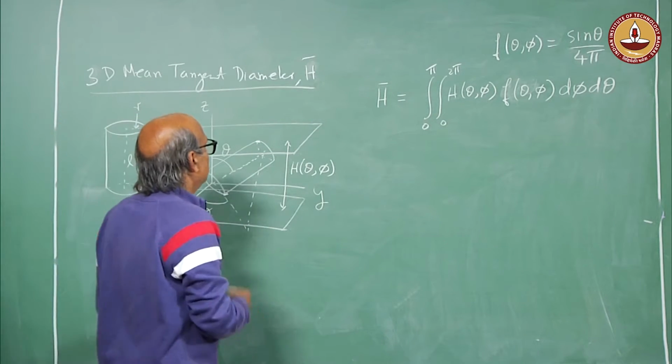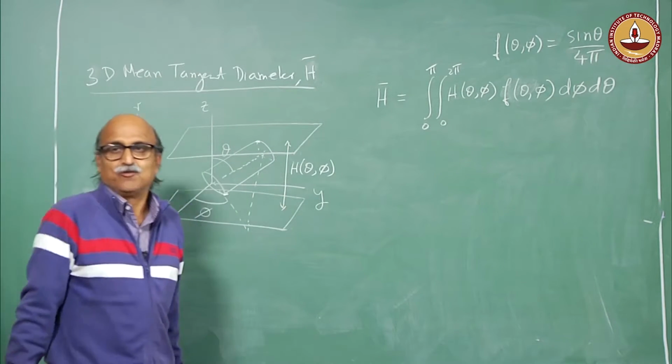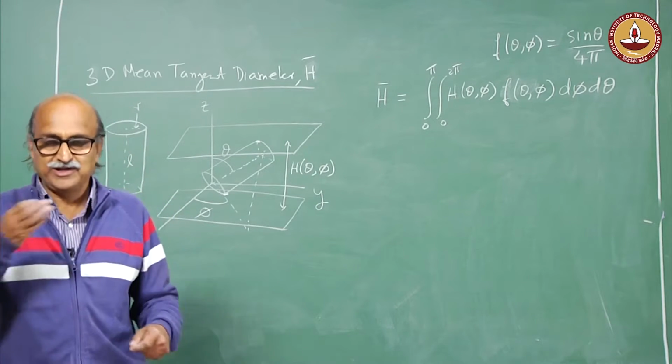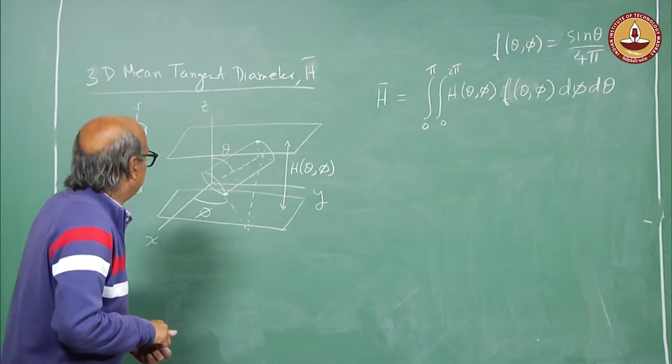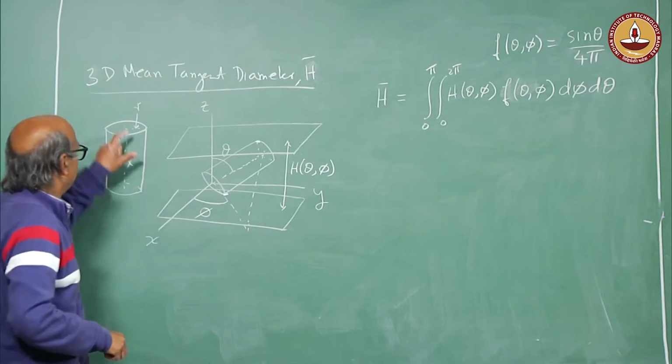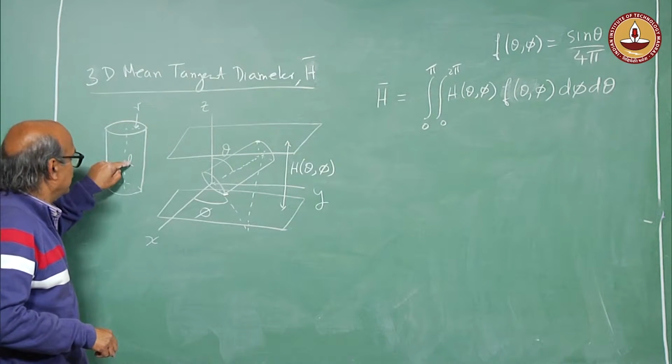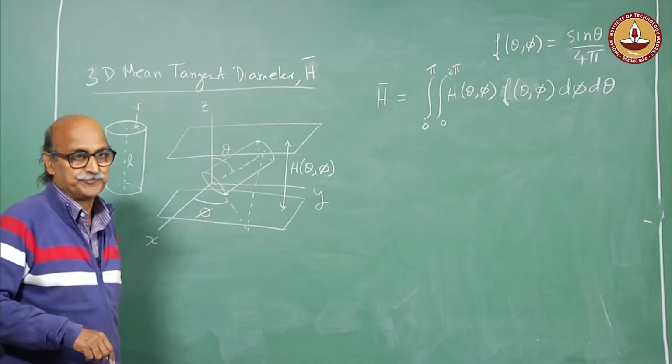So, again I will have to figure out what is h(theta, phi) in terms of the radius of the cylinder, the length, and theta and phi.